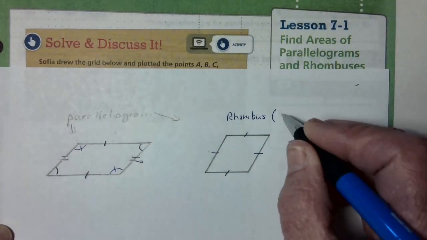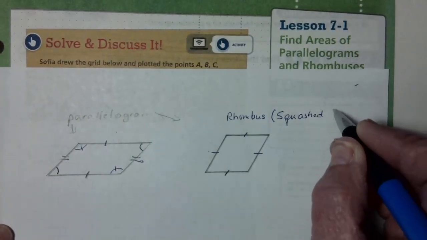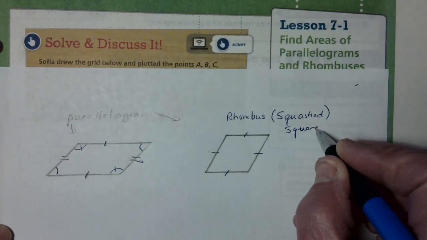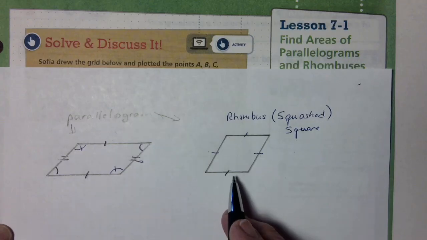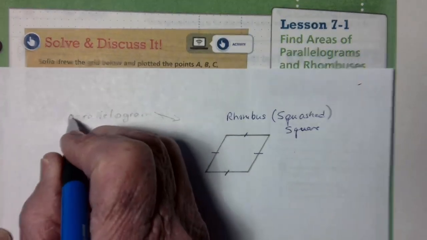I'm going to put that in parentheses. S-Q-U-A-S-H-E-D, squashed square. You know, on a square, all sides are equal. And this square has been set on by an elephant or something and squashed it and angled it out. So a rhombus is like a squashed square. But they're both parallelograms.